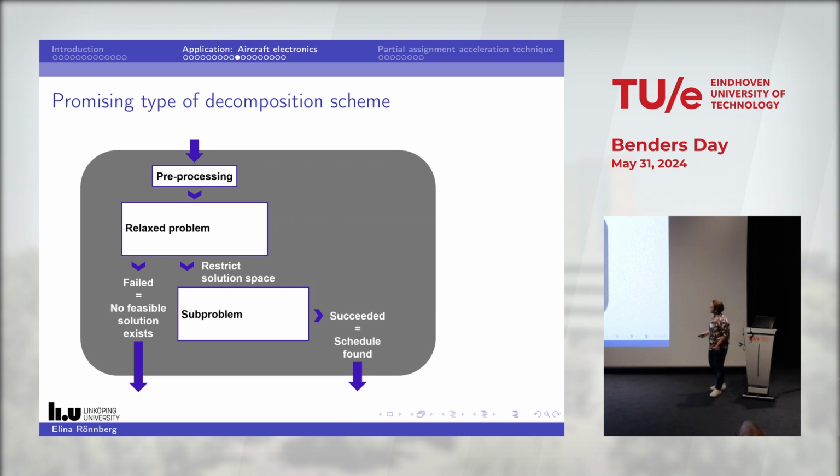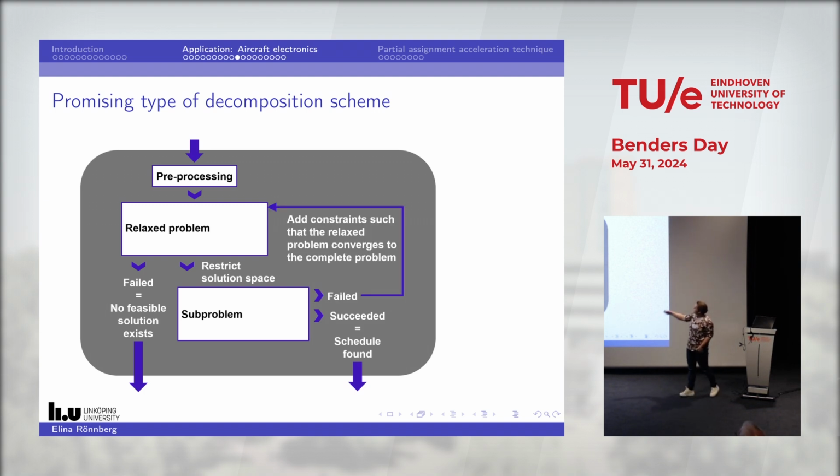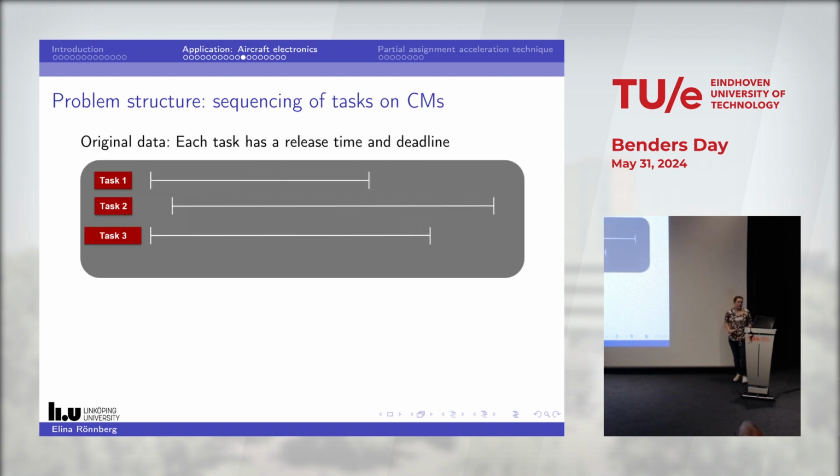If we find a schedule, then we're happy. Otherwise, we can add some information back to our relaxed problem. And we actually made two versions of this, and I will get back to those. Starting first with some ideas for how to do the decomposition.